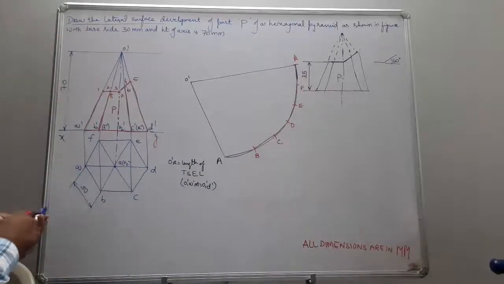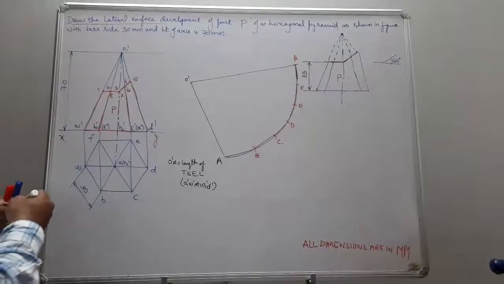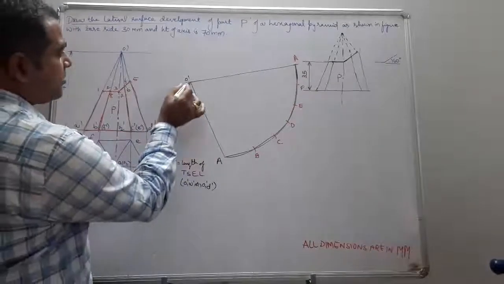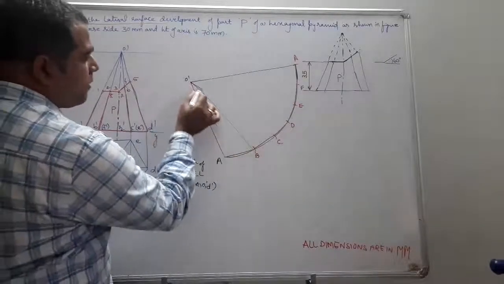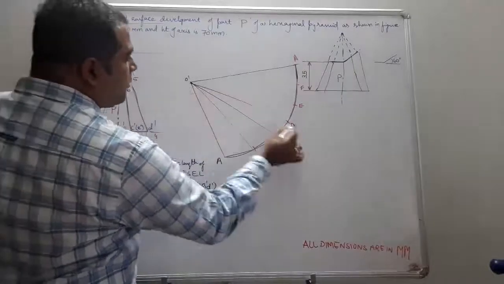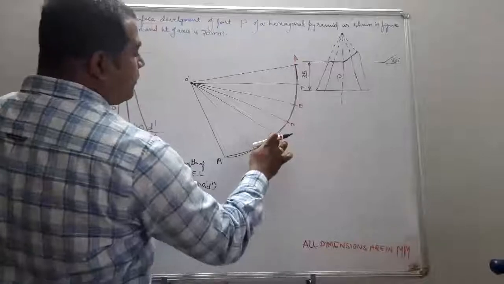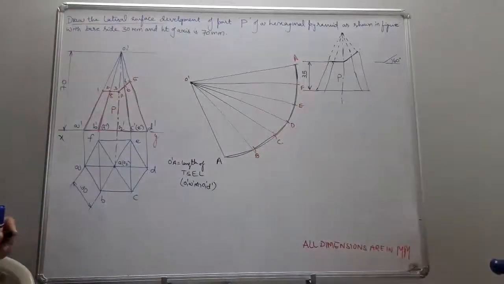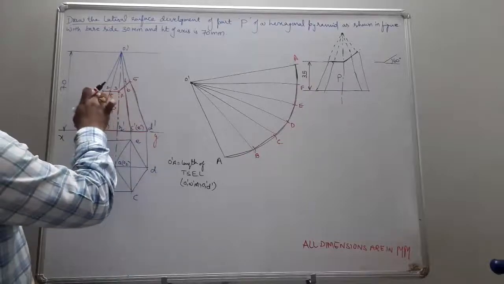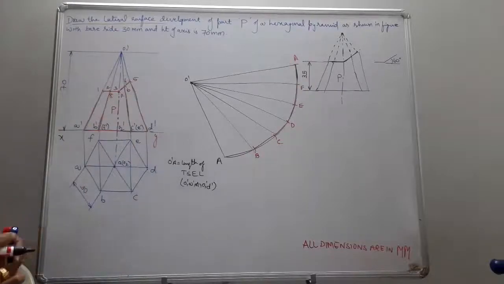Now let us draw all the slant edges from the apex. That is OB, OC, OD, OE, and OF. So these are the slant edges. Now project the points which are obtained here to the respective positions.